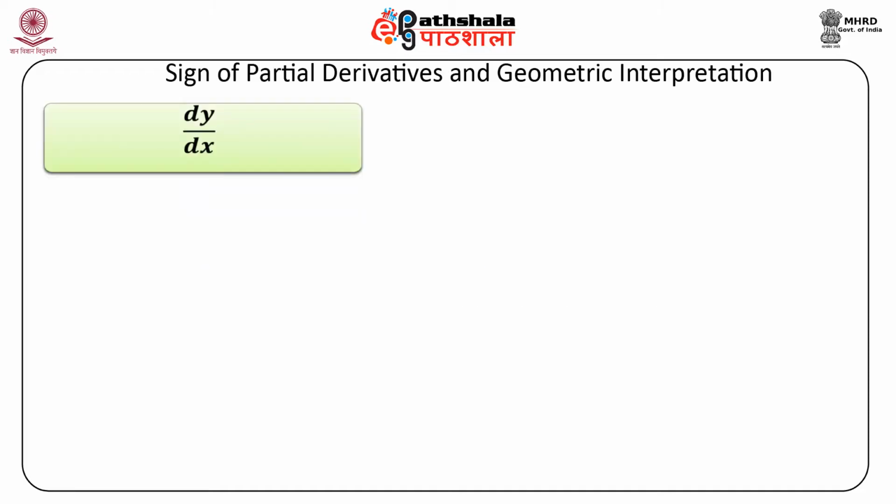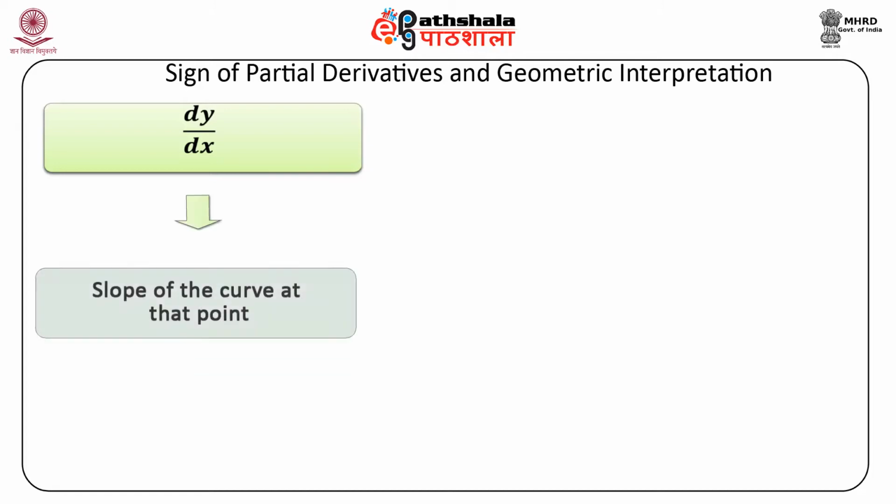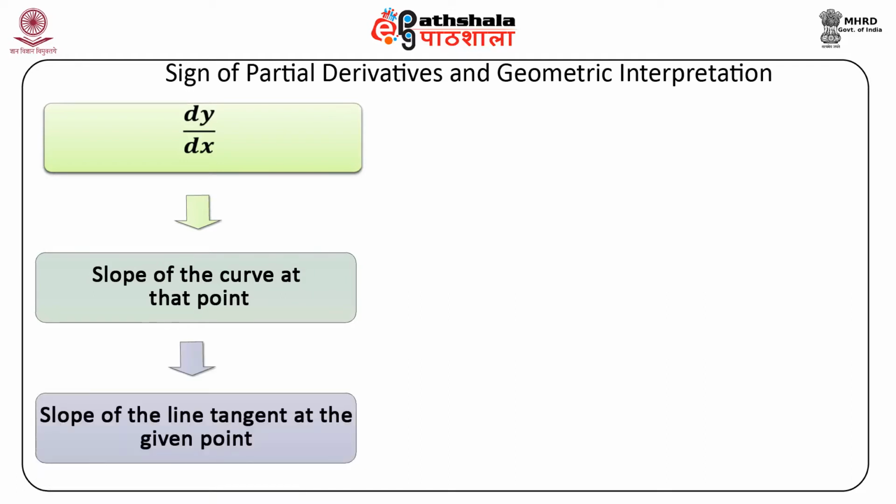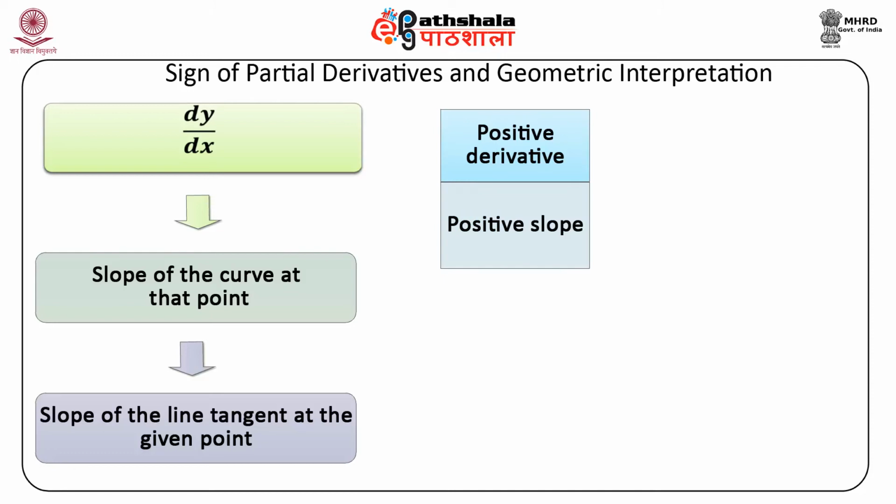Recall that an ordinary derivative dy/dx at a given point on the function y = f(x) represents the slope of the curve at that point, or the slope of the tangent line at that point. A positive derivative indicates a positive slope of the curve, while a negative one indicates that the slope is negative for the curve.